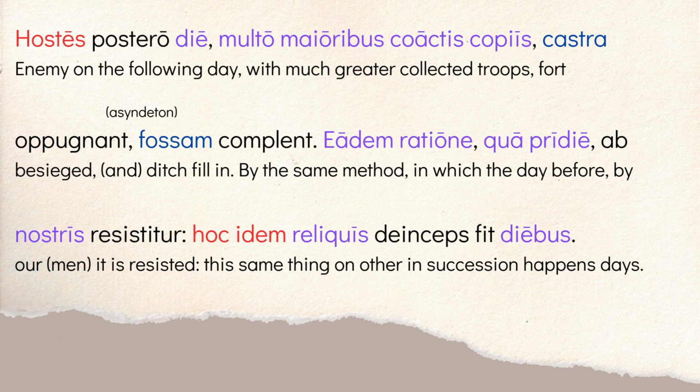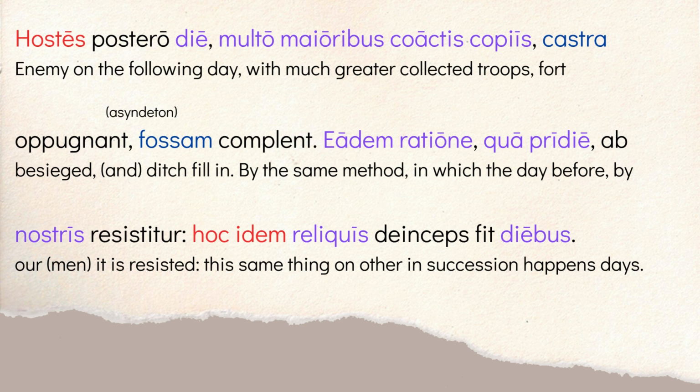Then you have eadem ratione quapridie ab nostris resistitur. You have hac idem reliquis deinceps fit diebus. Okay, so eadem ratione means by the same method, right? So by the same method, quapridie, on which the day before they had done, right? Resistitur, it is resisted by our men.